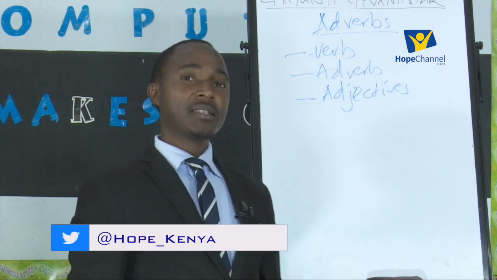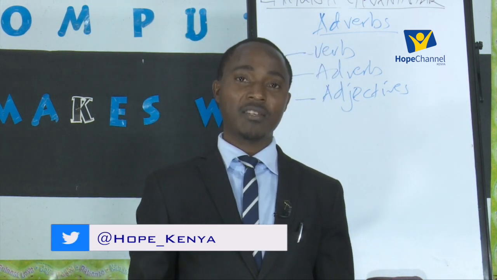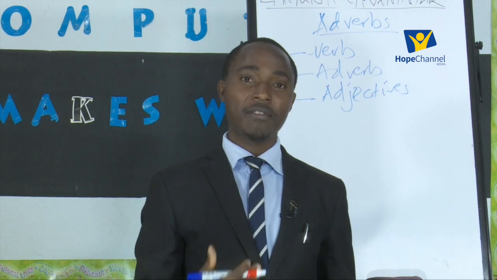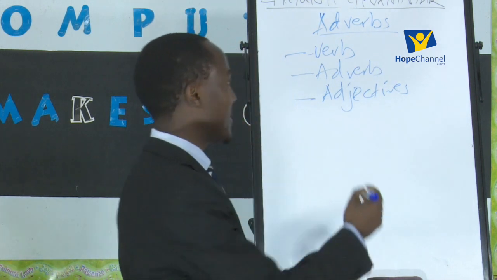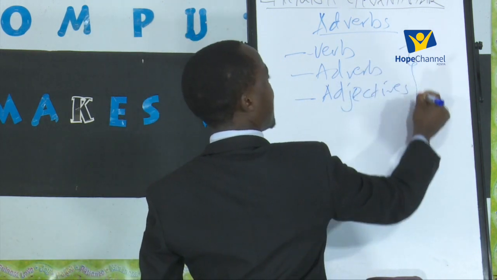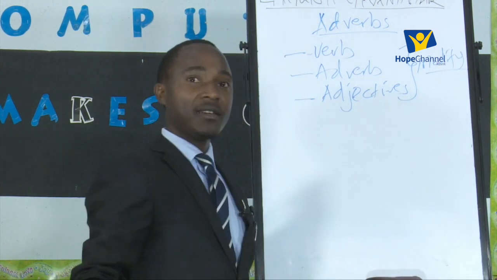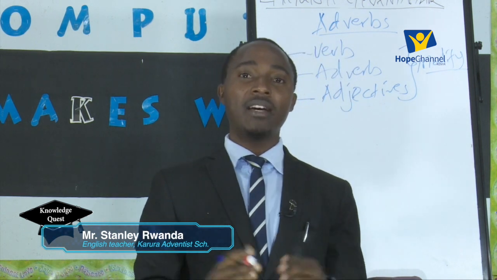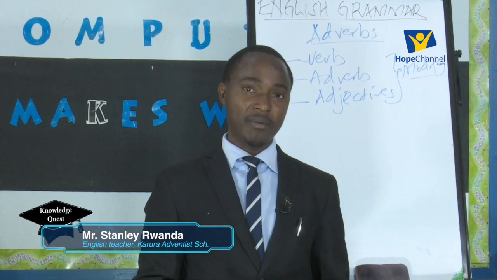We use adverbs in a sentence to make the meaning more specific so that we do not cause ambiguity. That is the function of an adverb. To modify means simply to add extra information on that verb, on that adjective, or another adverb.